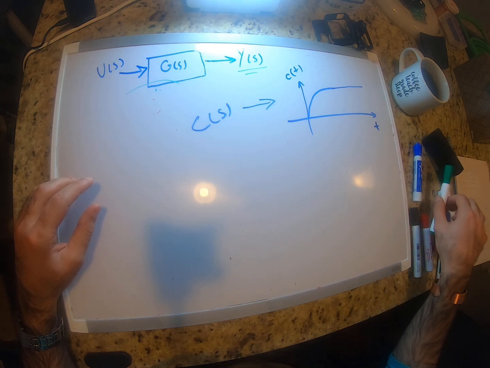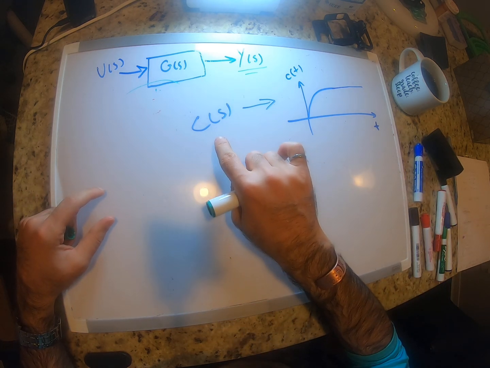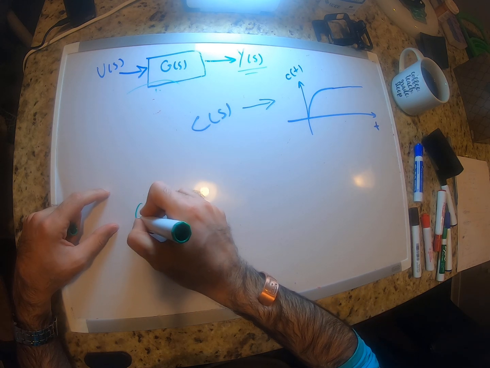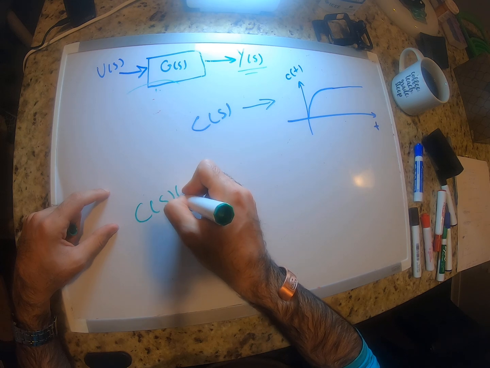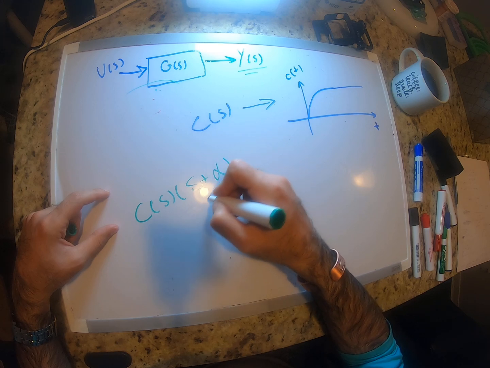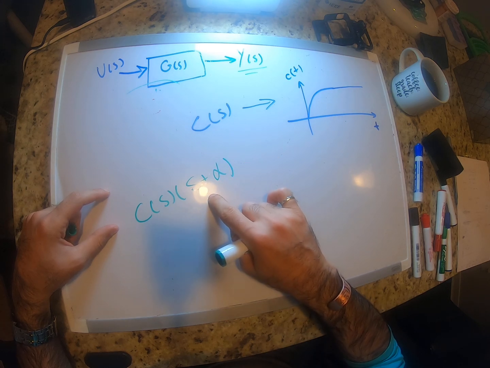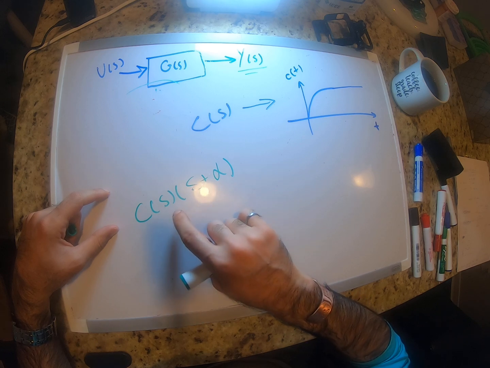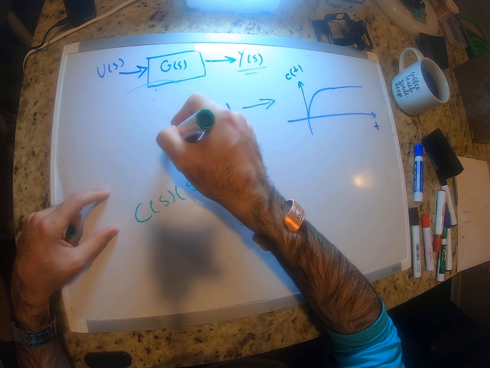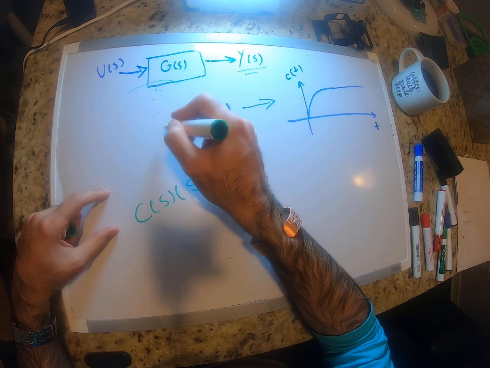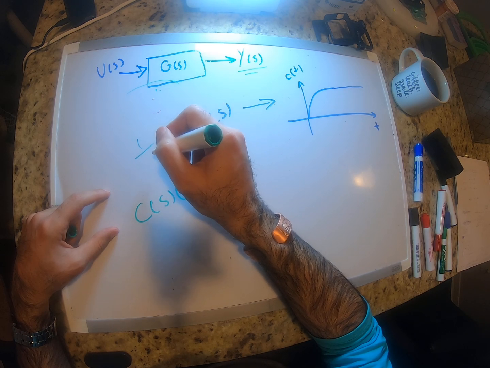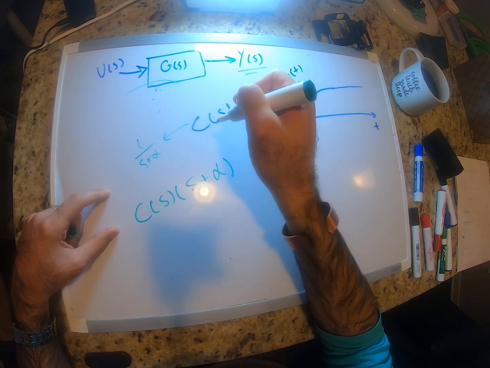Now I want to add a zero to this transfer function, or to this signal. So it means that I want to see what happens if we add a zero to this transfer function. This could have been something like 1 over s plus something, like s plus m or something like that.